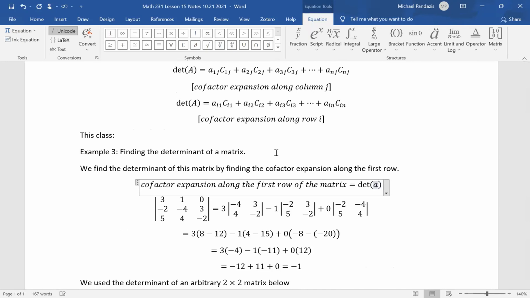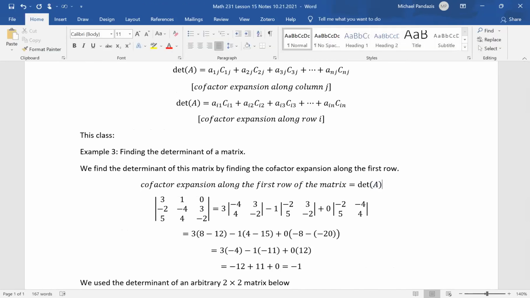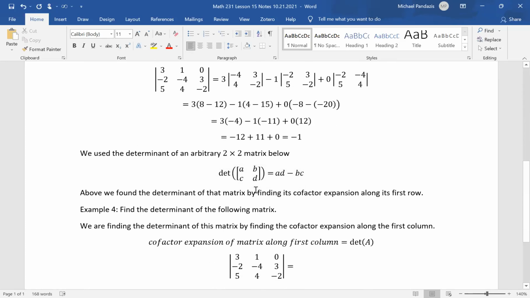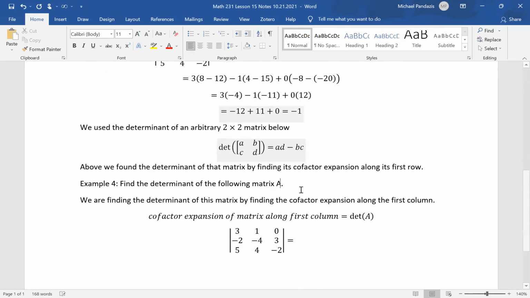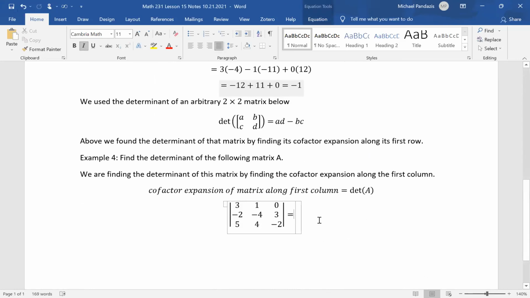So find the determinant of the matrix A. I'm calling this matrix A. We're going to find it along the first column, which is also its determinant.